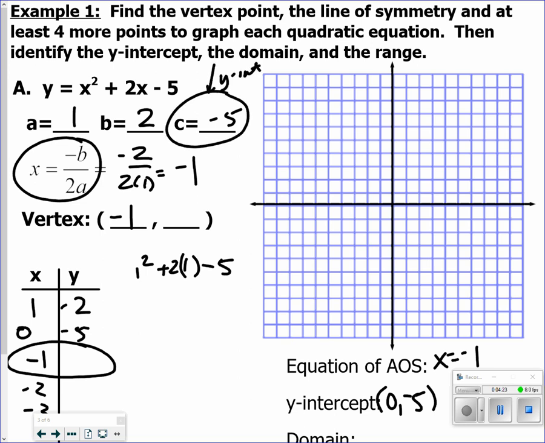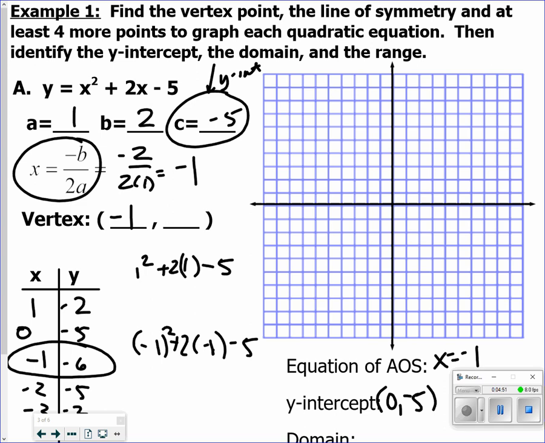We'll keep going here. I'm going to plug negative 1 in. Now, negative 1 squared, so always square something, plus 2 times negative 1, minus 5. And so I end up getting negative 6. And then when I plug negative 2 in, I get negative 5. And when I plug negative 3 in, I get negative 2. So I'm going to graph all those.